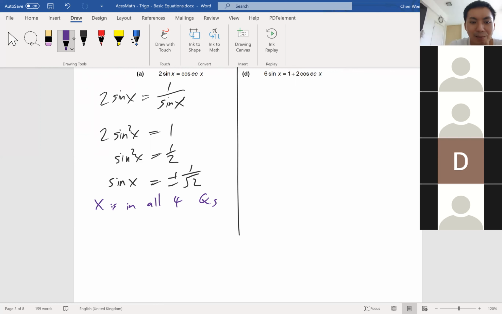Which special angle is this? When is sine 1 over square root 2? Is it 60? No. Then it's 30, I think.